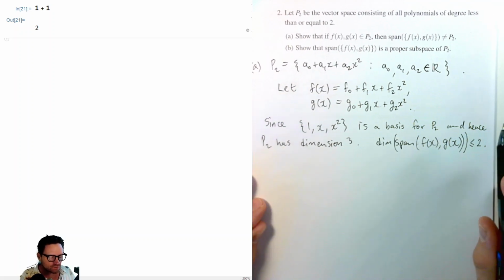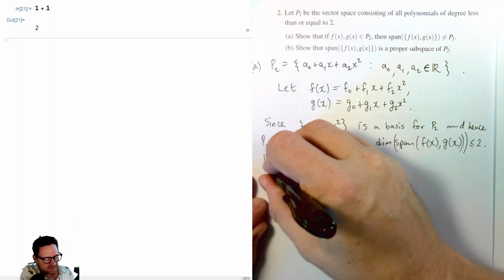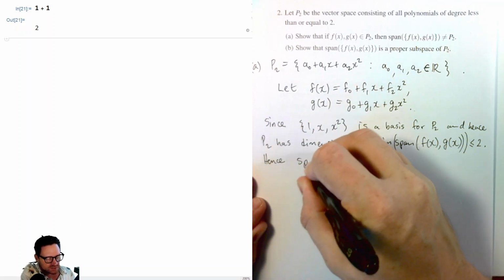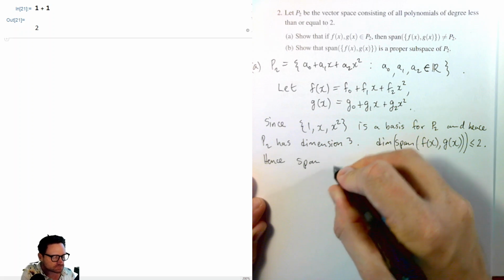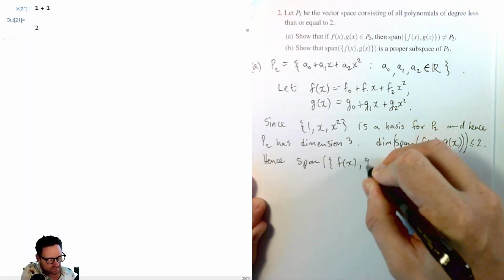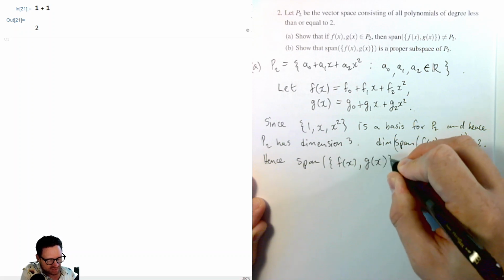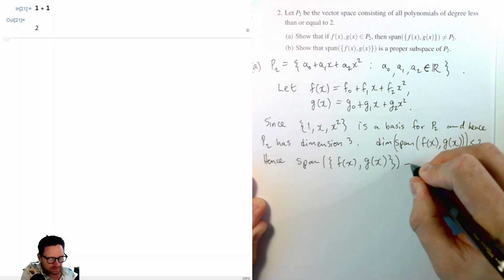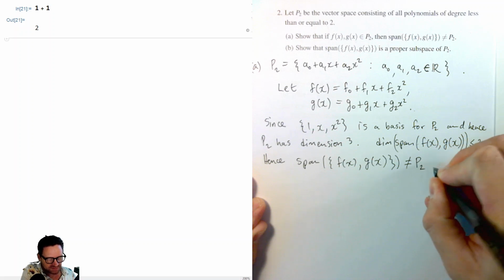And so we see then, hence, the span of f and g cannot be equal to P2.